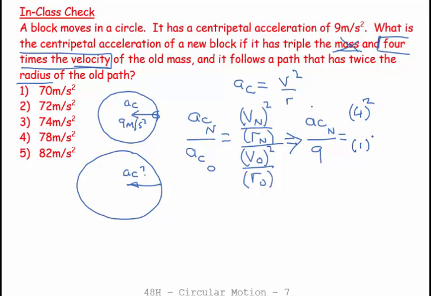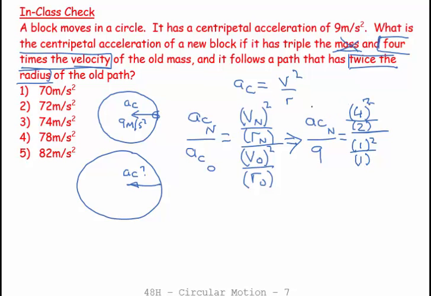I've got to square it, of course. And then I'm going to divide this by the radius. And it says the radius is doubled, basically. It's twice as much. So the new one is twice what the old one was. And can you see how if I lay it out like this, then underneath becomes 1.